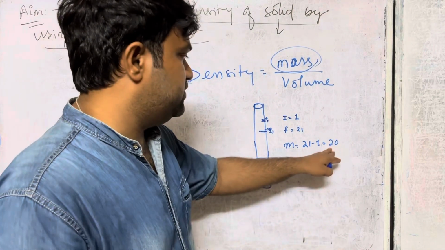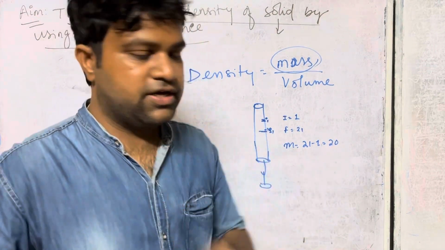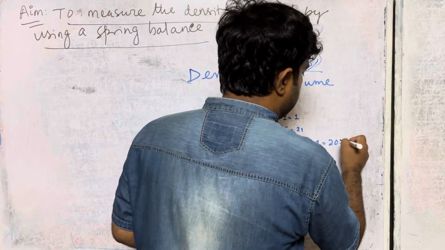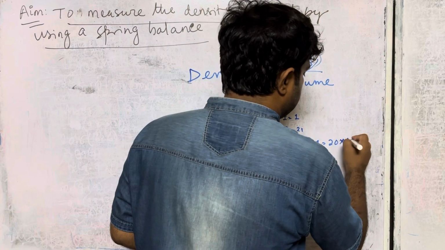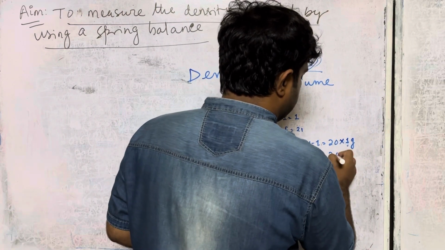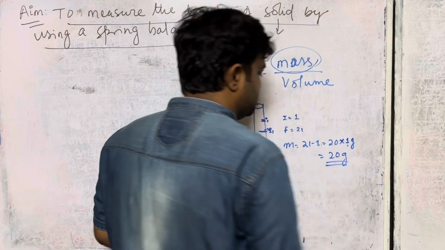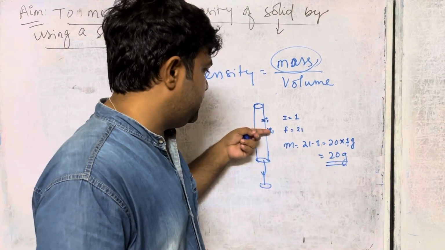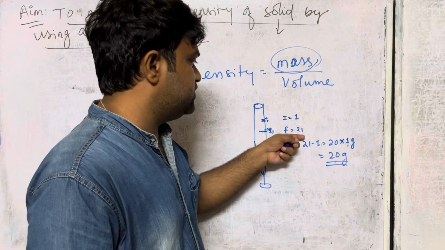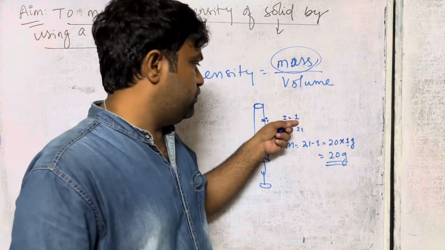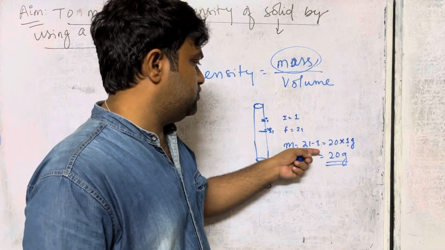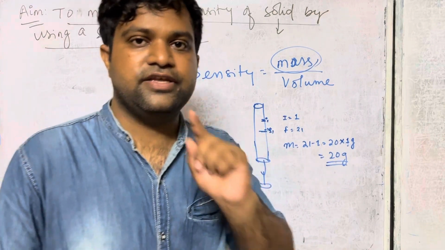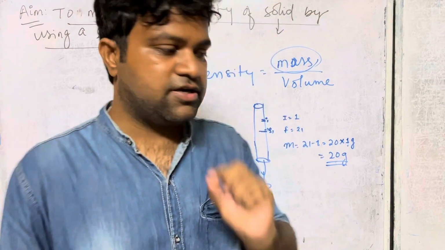So this is 20 divisions, and each division is 1 gram. So 20 divisions into 1 gram is 20 gram. Mass is 20 gram. Final reading is 21, initial is 1, so 21 minus 1 is 20, and each line is 1 gram, so the least count is 1 gram.